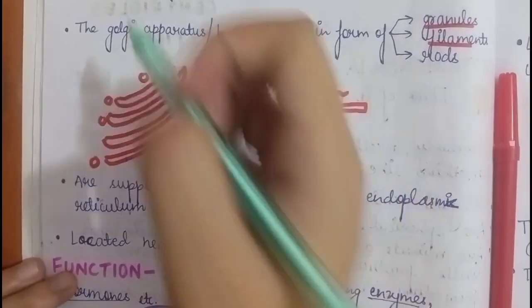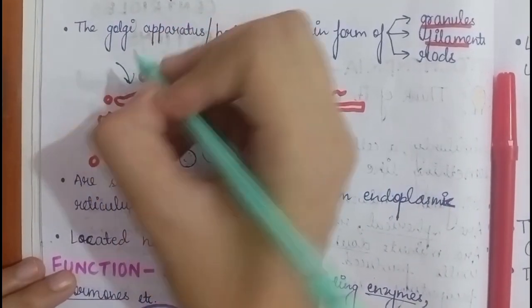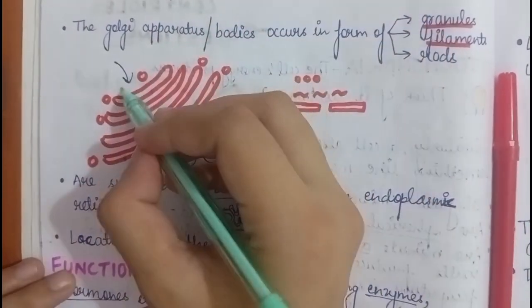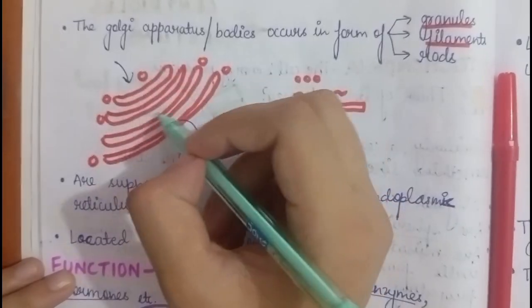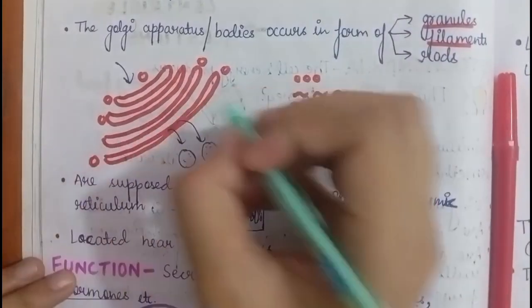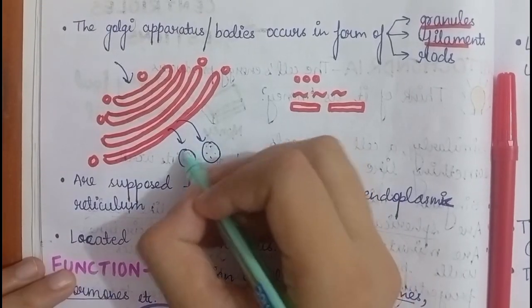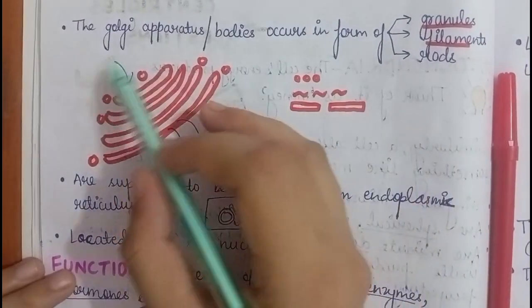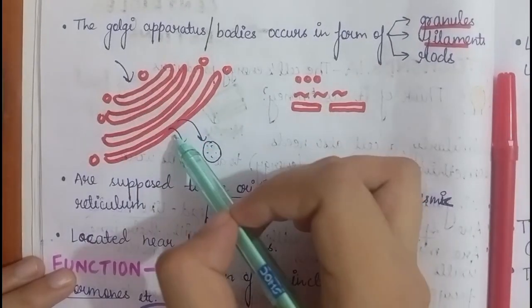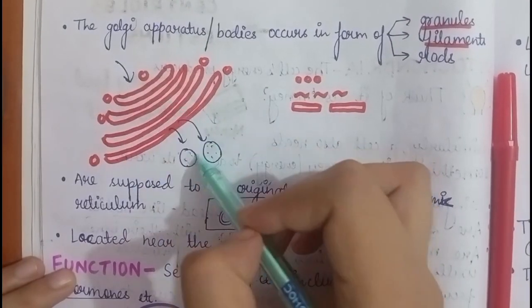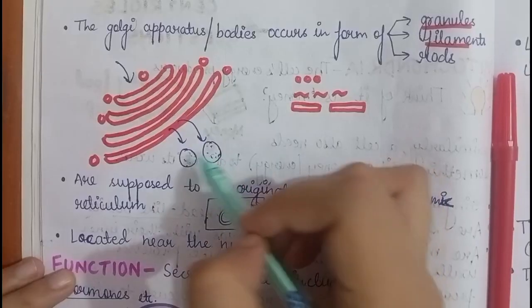From there, it receives the materials, and then the Golgi body packages them in the form of vesicles. These round bodies are known as vesicles. It packages that material in the form of vesicles, and from the other end of the Golgi body, those substances are secreted or released.